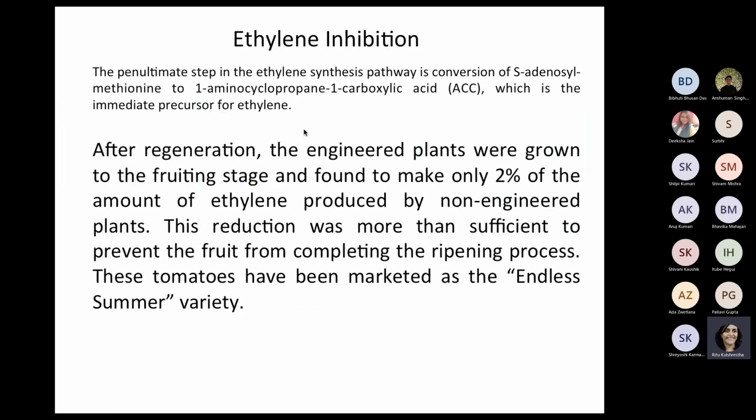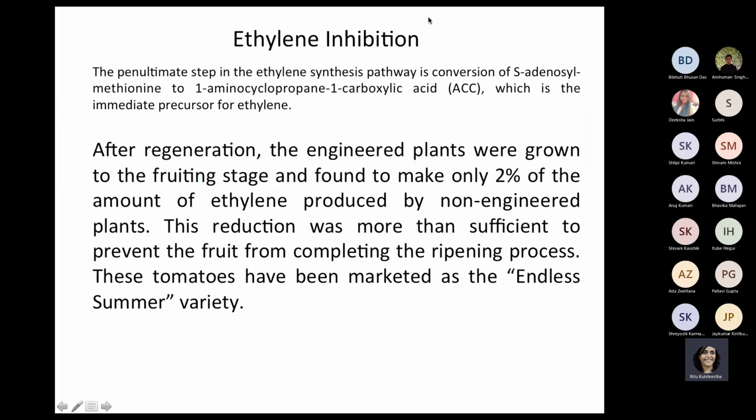And one of the other ways by which you can control the fruit ripening, it was realized that how about we inhibit the production of this particular hormone called ethylene. So it's a gas, but it also acts as a hormone, and which is very important for the ripening process. So it was realized that how about we decrease the level of ethylene. So how can we decrease the level of ethylene?